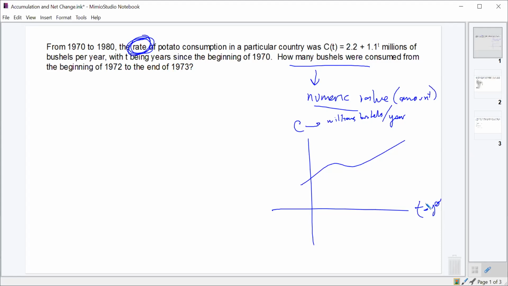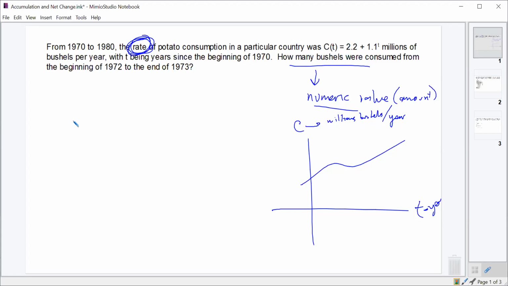You plug in a number for t. Well, if I plug in a number for t, that's going to give me millions of bushels per year. I just want millions of bushels. So you have to get rid of the year. Multiply it.